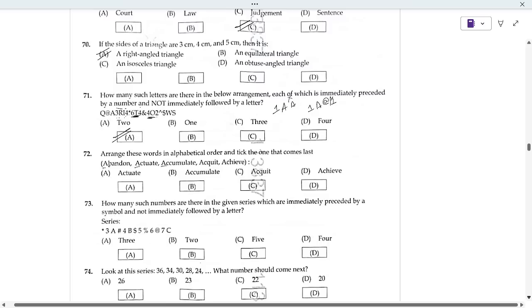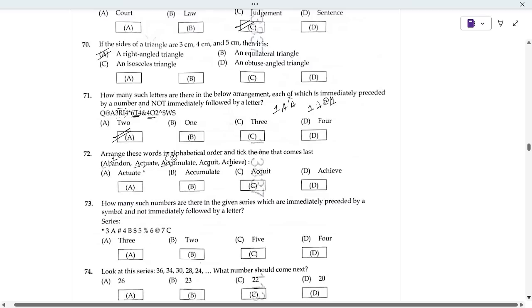Abandon must be first. For the second, let's go to the third letter and compare, so that is second, and then we have the next words to compare.